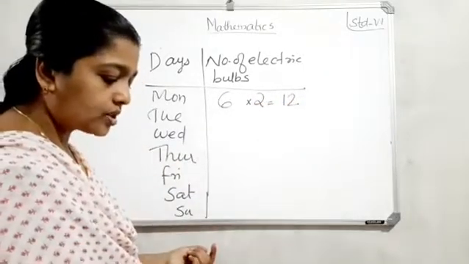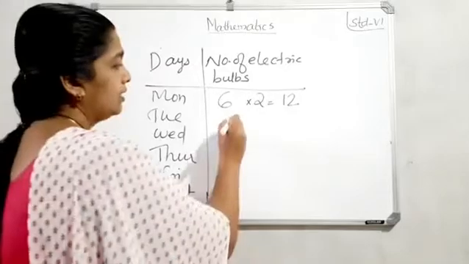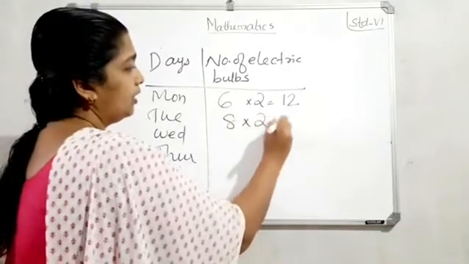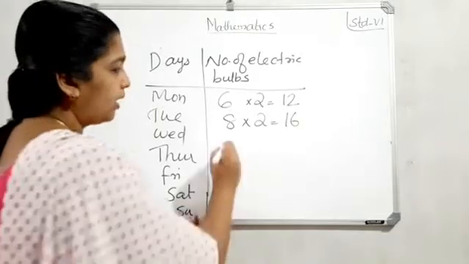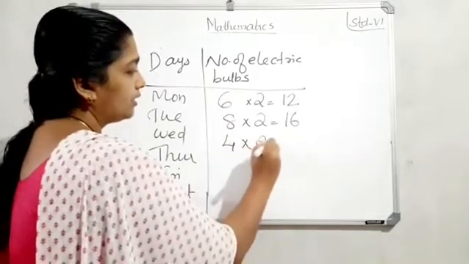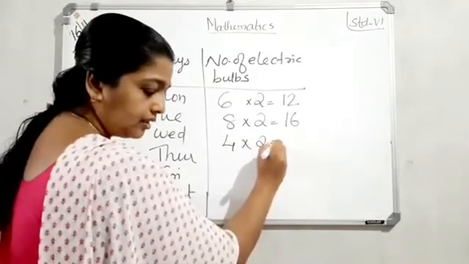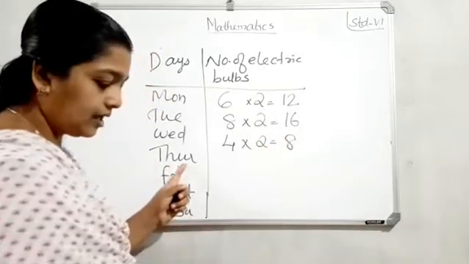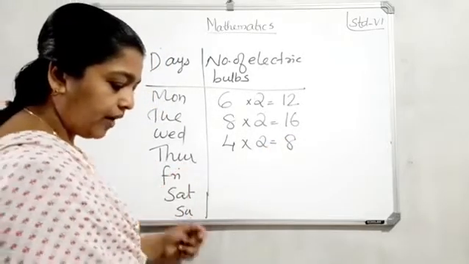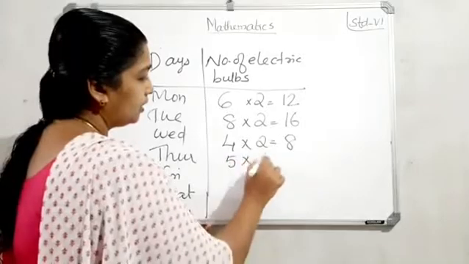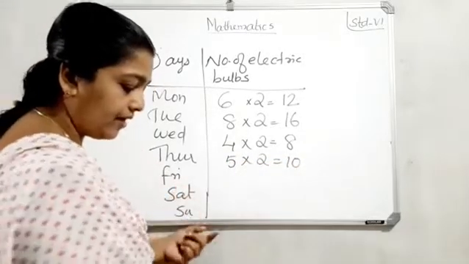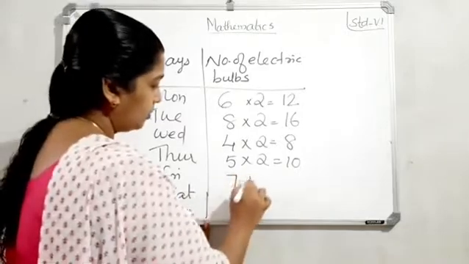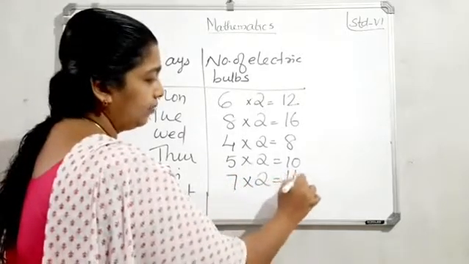Next Tuesday 8 bulbs. So 8 into 2 equals 16 bulbs total. Third one 4 bulbs. 4 into 2 equals total 8 bulbs. Next Thursday 5 bulbs. 5 into 2 equals 10 bulbs. Next Friday 7, that is 7 into 2 equals 14 bulbs.